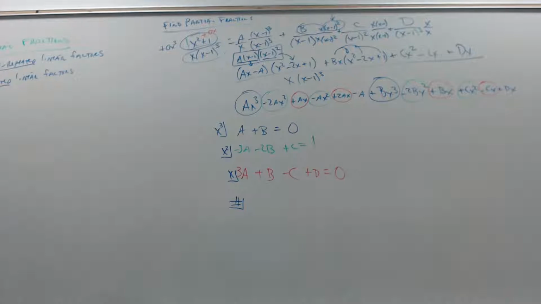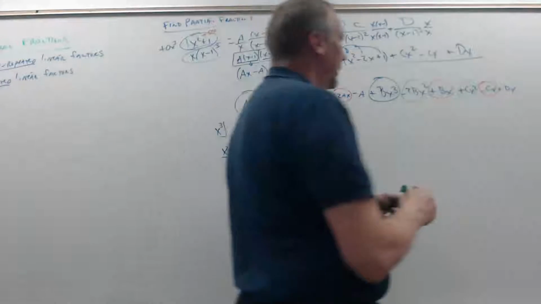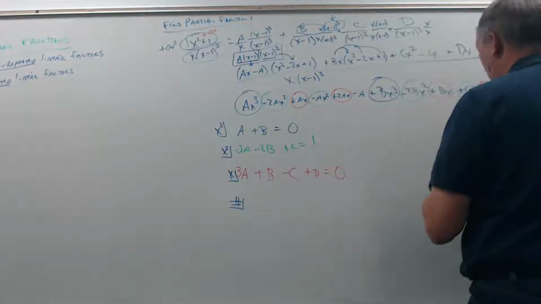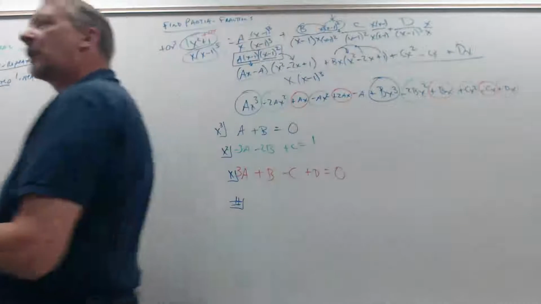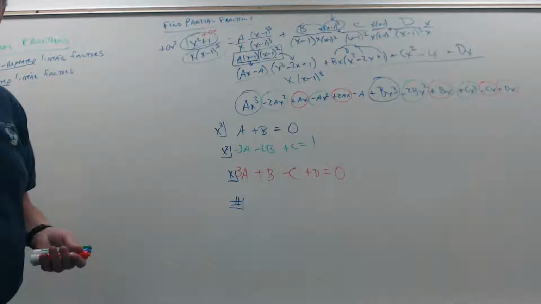All right, and then finally, Dino, can you do the last one? Oh, I forgot to circle the red one here. Negative a. What color do I have left? Oh, I got 2 blues today.